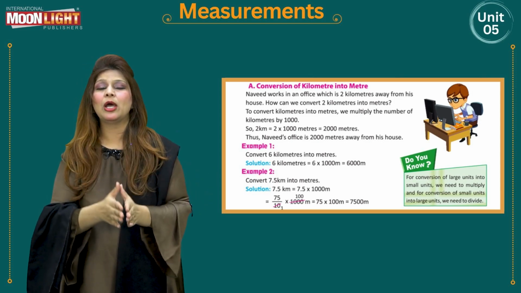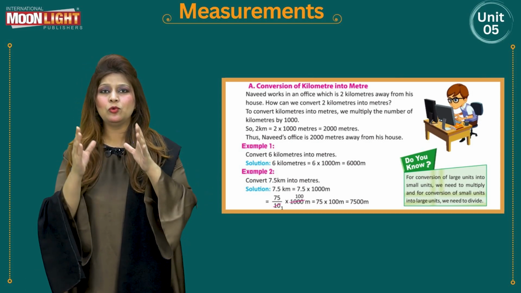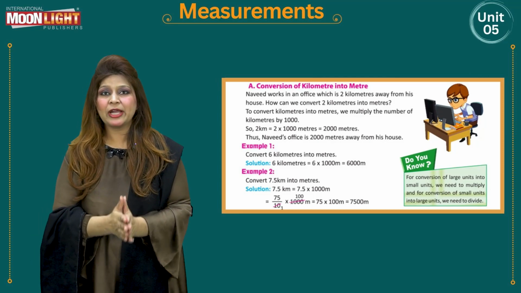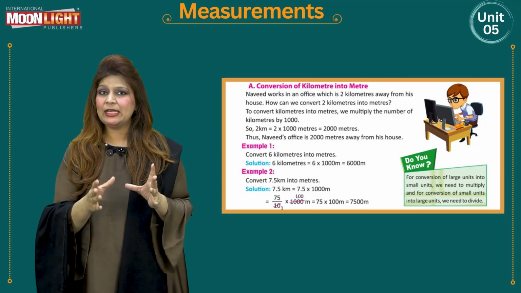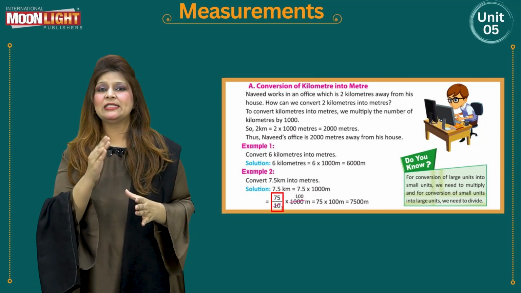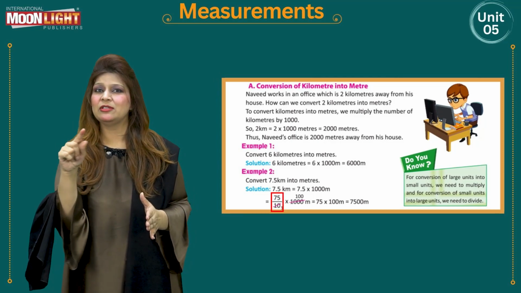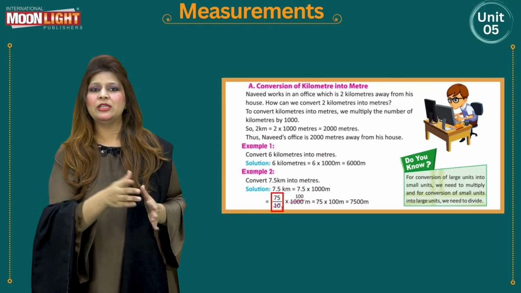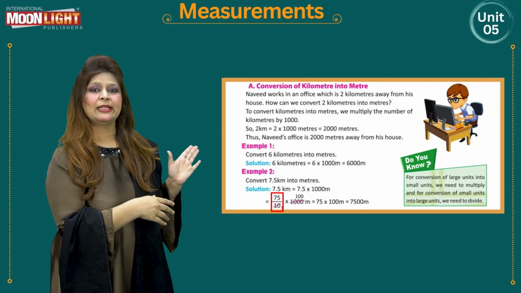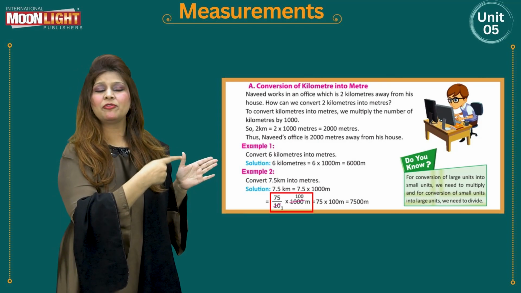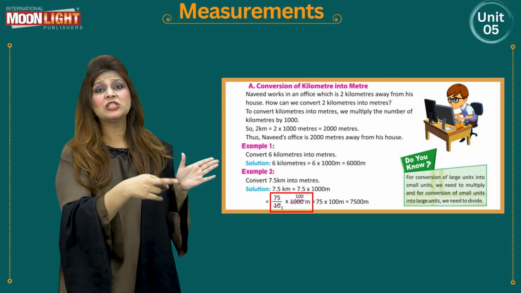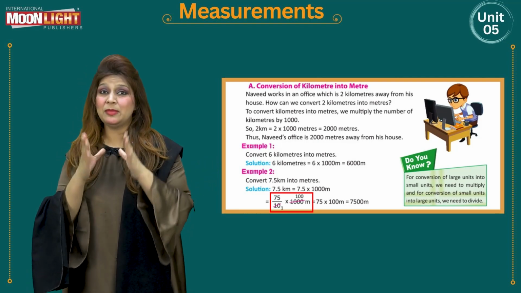First of all, I have to write it in fractional form, and you have already studied how to do it before. 7.5 means 75 over 10. So I can write it like this. But one interesting thing is that instead of kilometer, I have to write the multiplication symbol and 1000 meter as well.